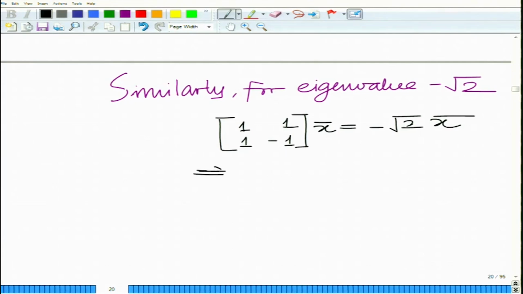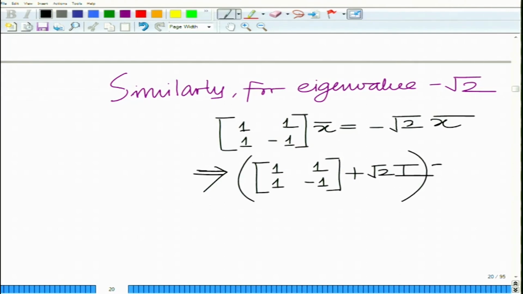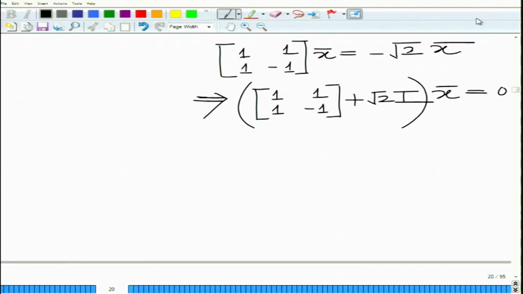This implies the matrix 1 1 1 minus 1 plus square root of 2 times identity into x bar equals 0.